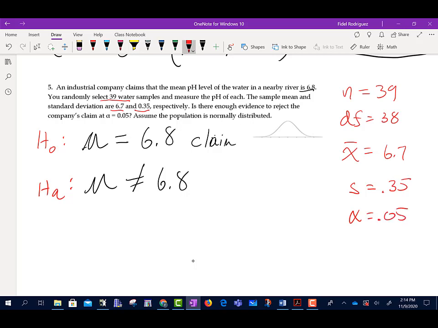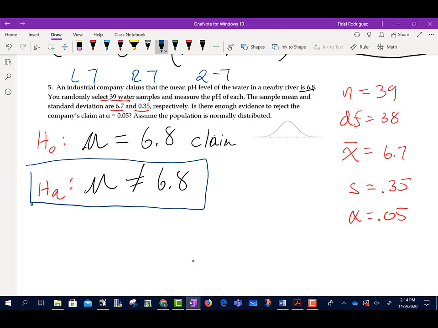So now that we have those pieces of information, the next thing we've got to figure out is, is this a left tail, a right tail, or a two-tail test? The way we figure that out, we always look at the Ha. Since this is telling me it's not equal to, this is going to be a two-tail test. So we're going to have two pieces here.